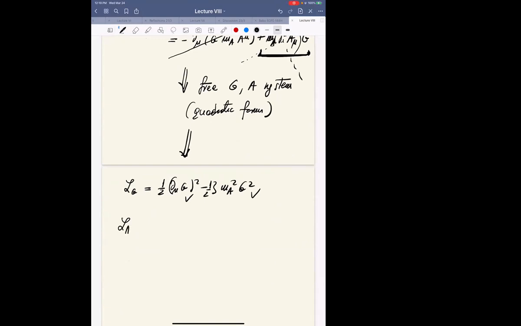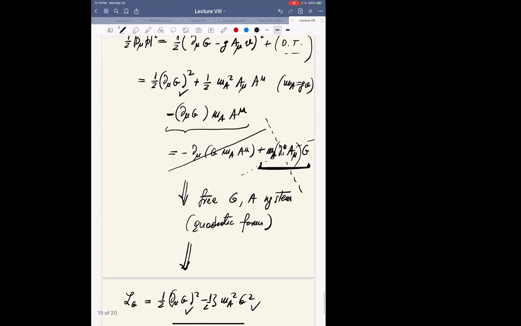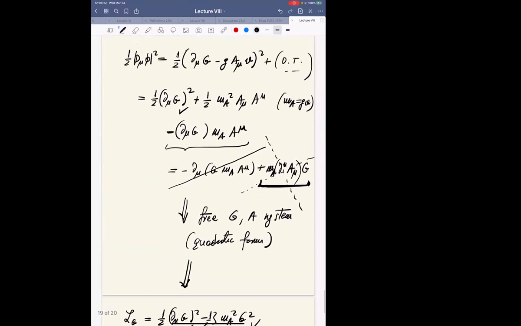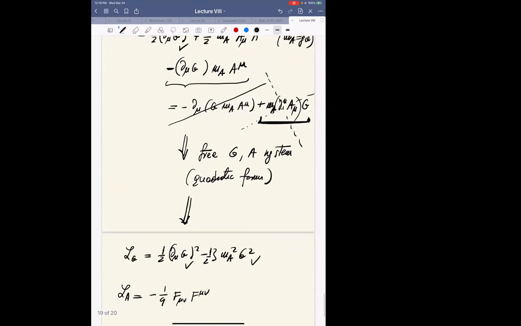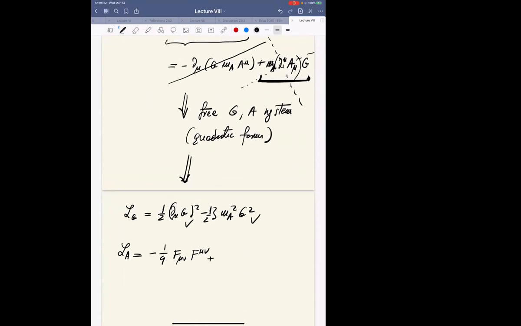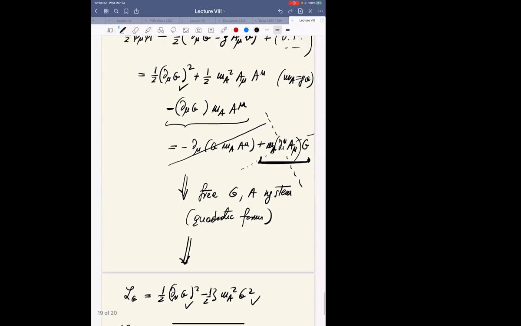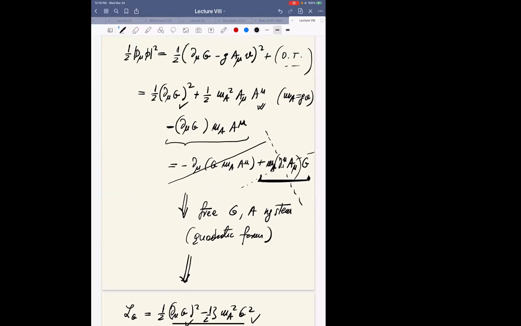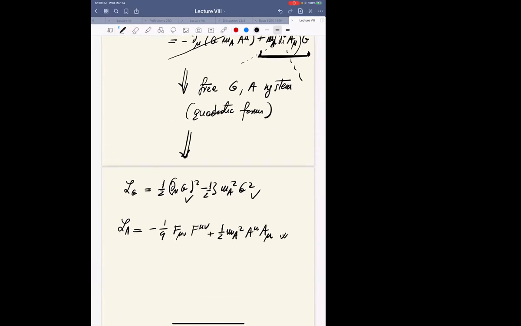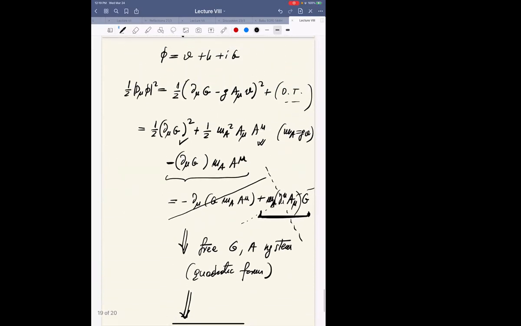Then I have, and A is now separate. How does the A look? There is an F mu nu piece. What else? There is a 1/2. There is a Proca piece. And something else. So that double checks. What else is there? I think I have missed something.